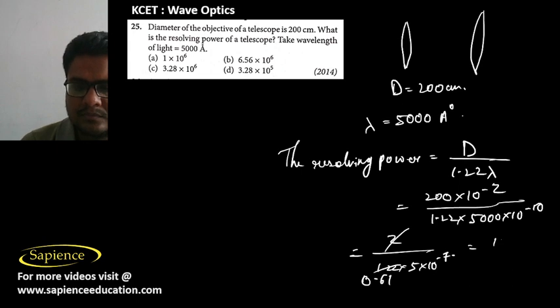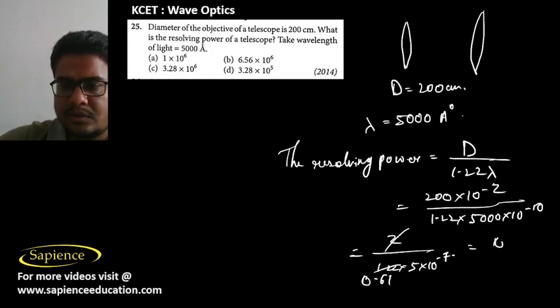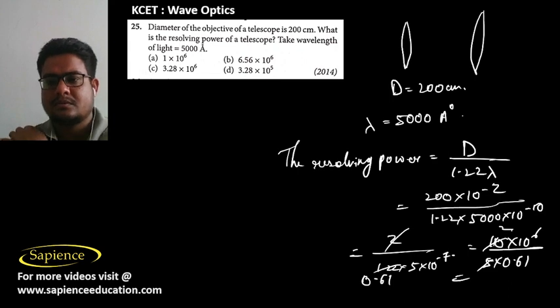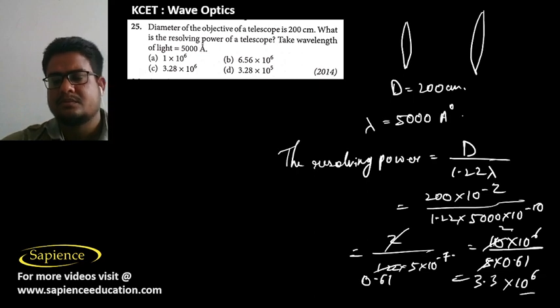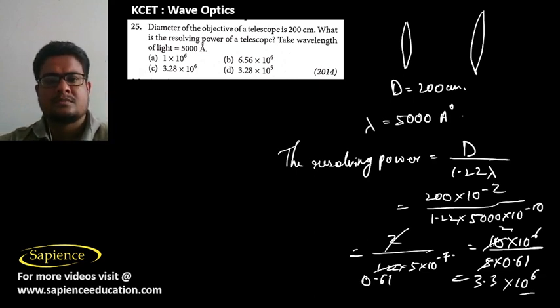This will be equal to 10 into 10 power 6 divided by 5 into 0.61. So 2 by 0.61 is approximately 3.3 into 10 power 6. So option C is the correct answer.